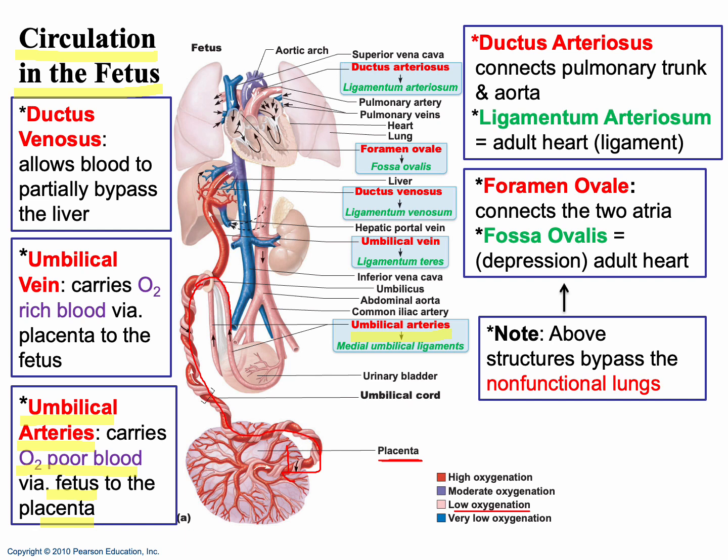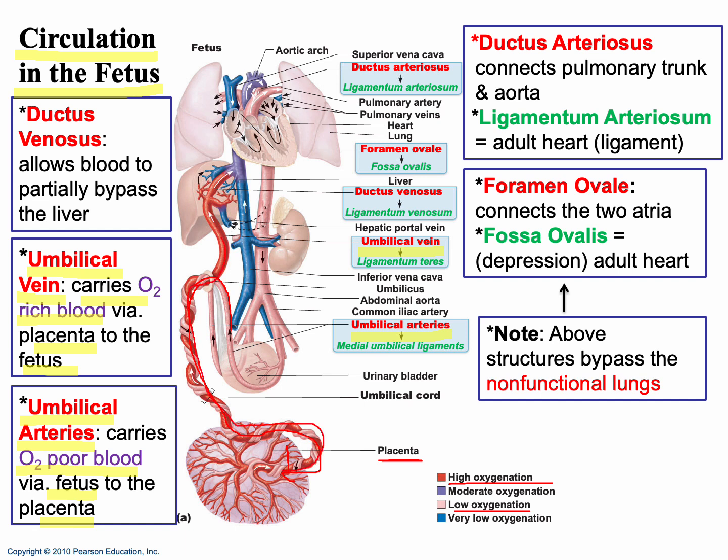Another very important structure to be aware of here is the umbilical vein. The umbilical vein is carrying oxygen-rich blood from placenta to fetus. So the umbilical vein is going to have a high amount of oxygenation. So now we leave the placenta.